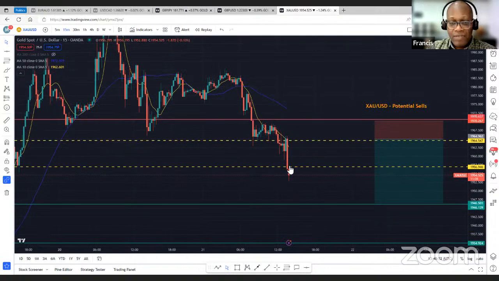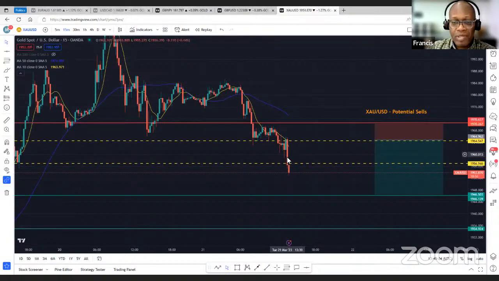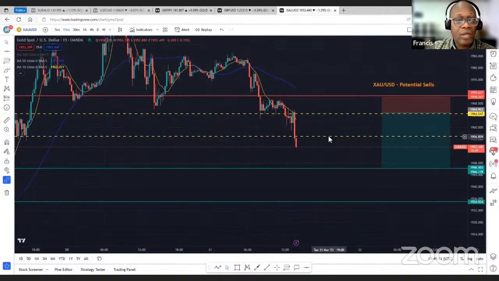But at least it's giving us that drop below that line. I wanted it to close below that line. Preferably, I wanted a push up now, but I don't think we'll necessarily get a push up. Instead, it might just continue down. So I'm selling gold now, guys. I'm selling gold.